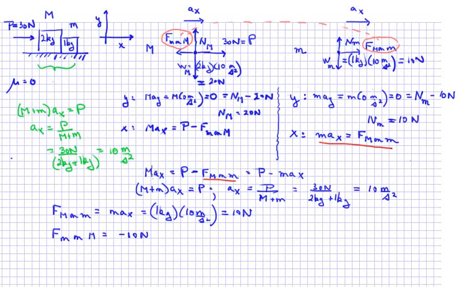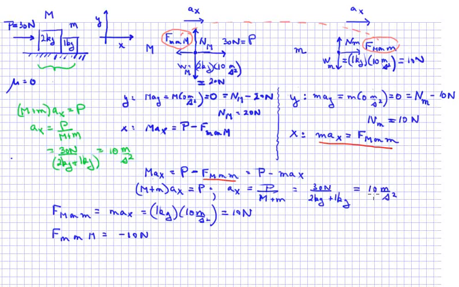And so basically what I get is big M times the acceleration in the x direction is equal to the push from the left minus little m times a sub x. I now get all the a sub x terms over on the left. I factor them out, and I conclude that a sub x is equal to the push divided by the total mass. In other words, 30 newtons divided by 3 kgs, which is 10 meters per second per second.